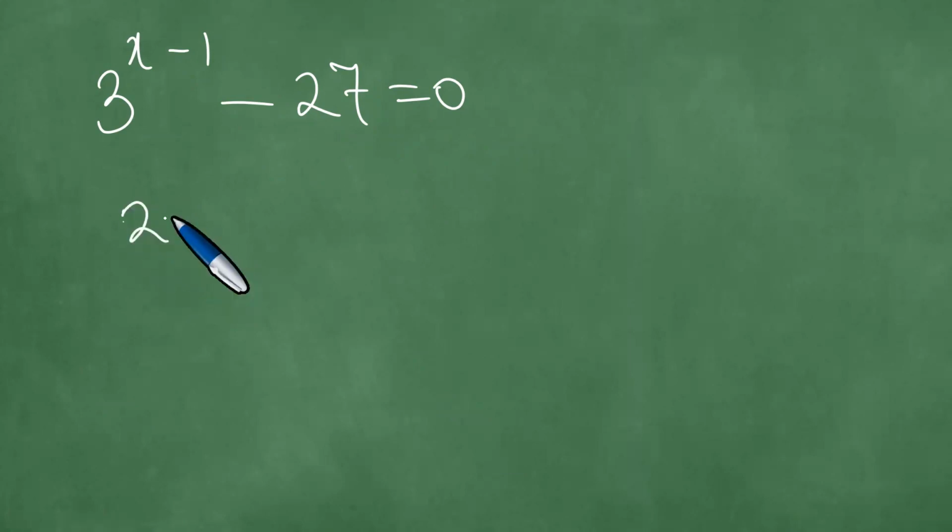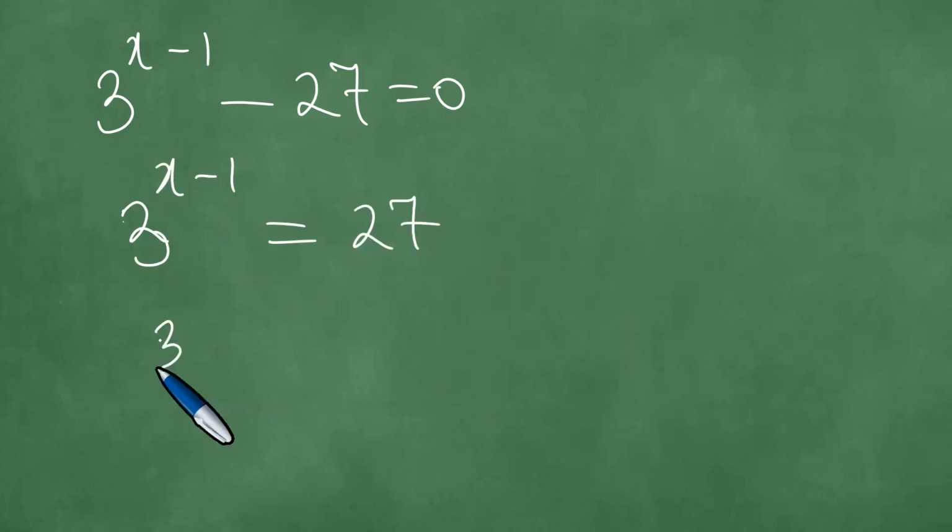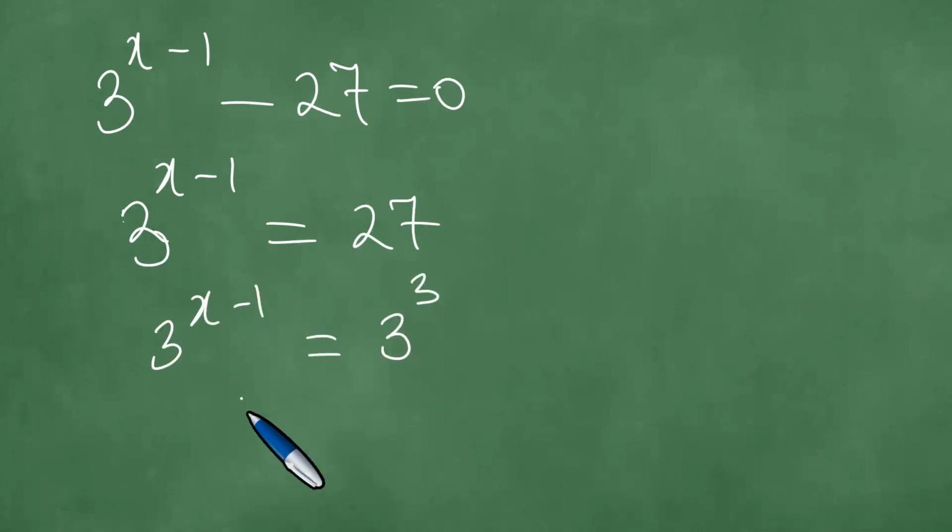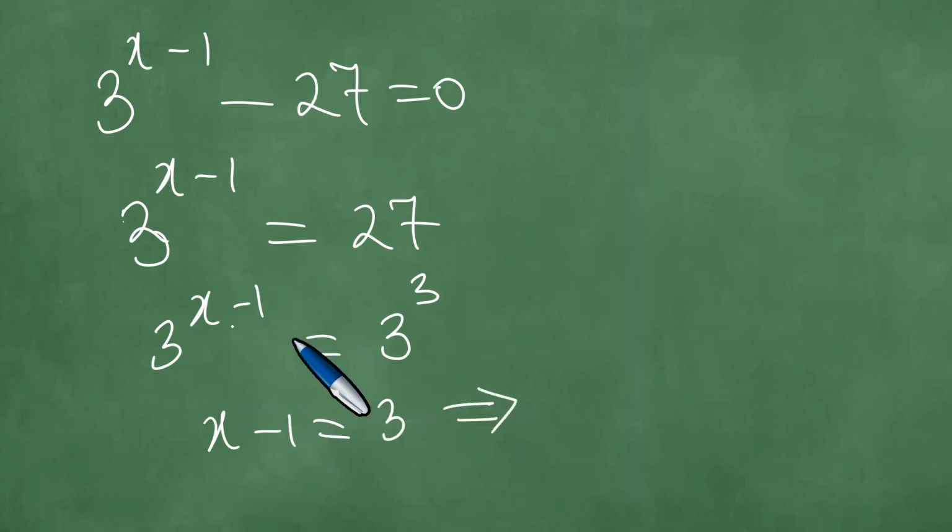So we have 3 to the power x minus 1, and the 27 was brought to the other side. 27 is the same as 3 cubed. When the bases are the same, you equate the exponents. So x minus 1 equals 3. If x minus 1 equals 3, then x equals 4. And that is the answer.